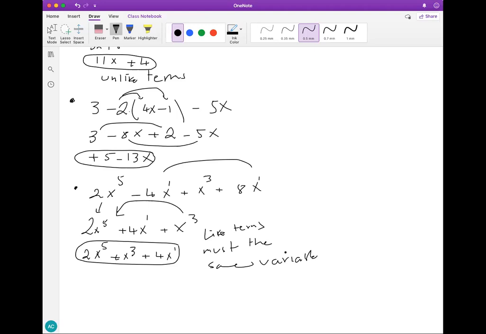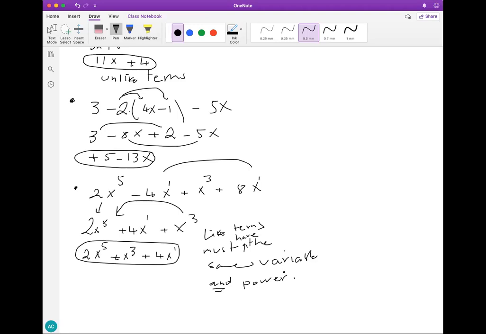Exponent. That's right, exactly the same power exponent. So like terms must have, otherwise we wouldn't be able to add them. So must have the same variable and power.